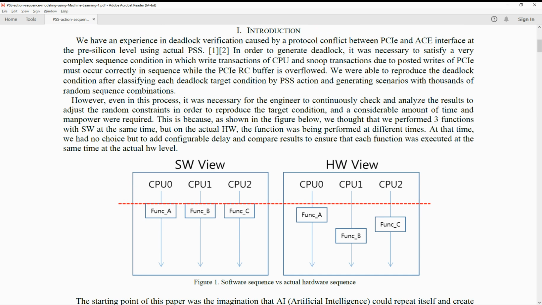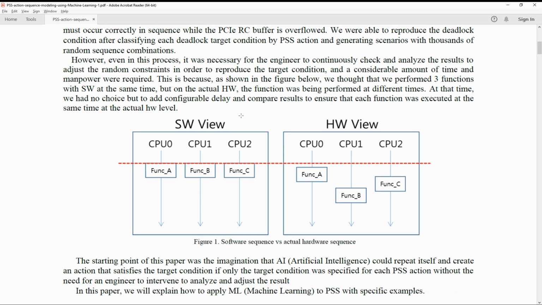This is because, as shown in the figure below, we thought that we performed three functions with the software at the same time, but on the actual hardware, the functions were being performed at different times. At the time, we had no choice but to add a configurable delay and compare results to ensure that each function was executed at the same time at the actual hardware level.